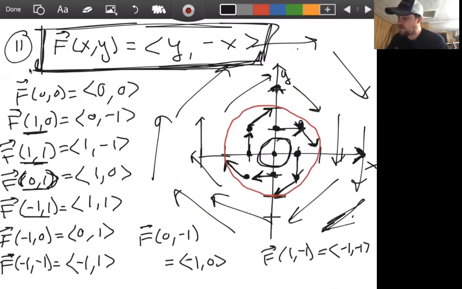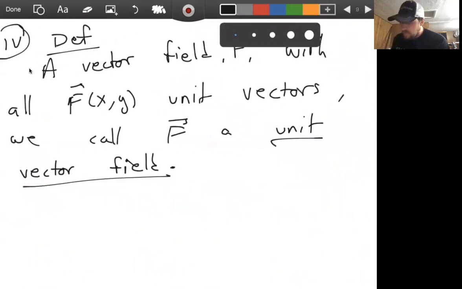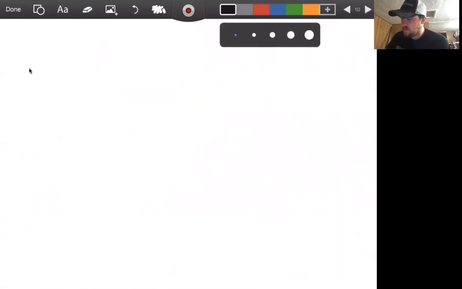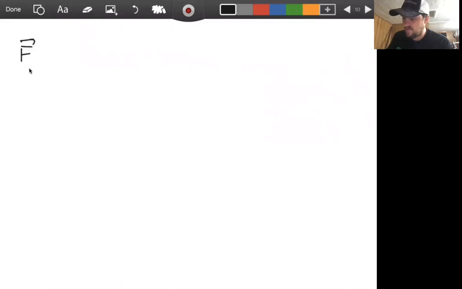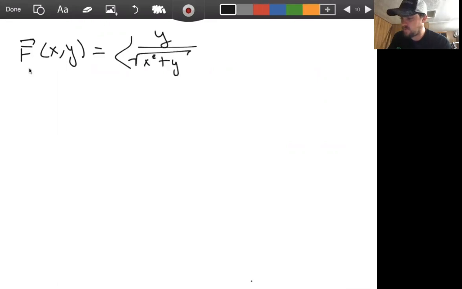And as you moved away from the origin, the vectors got larger and larger and larger, right? Well, now we can look at the unit vector field, f of x, y equals y over root x squared plus y squared, and negative x over root x squared plus y squared.